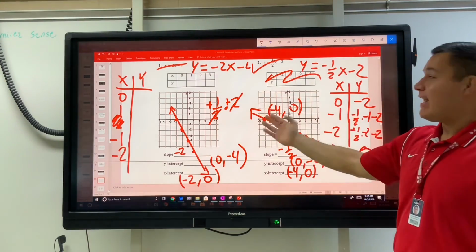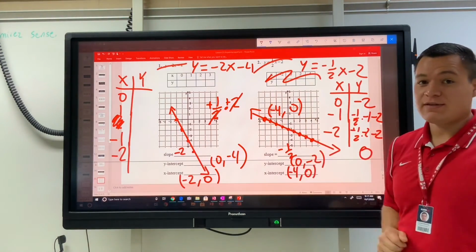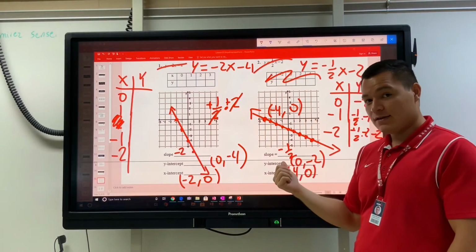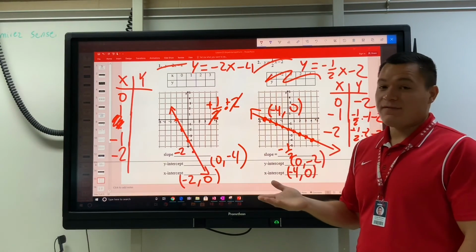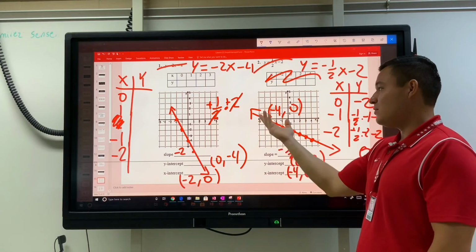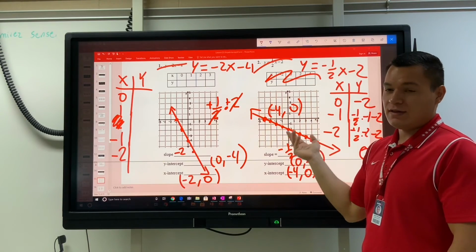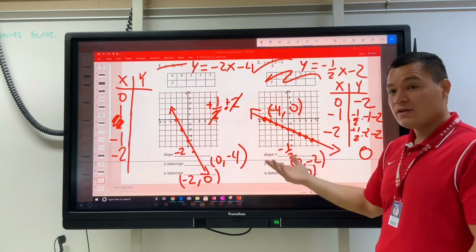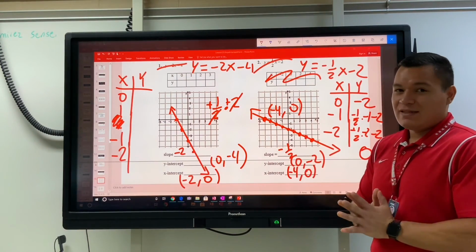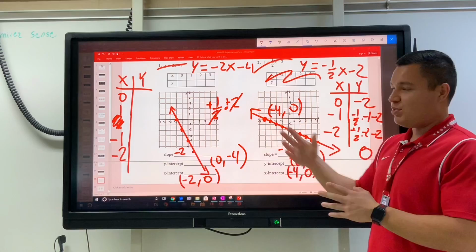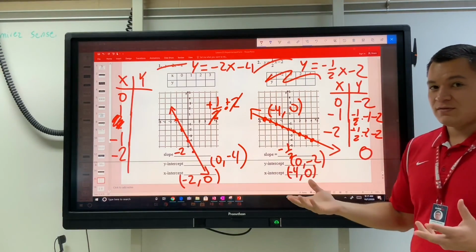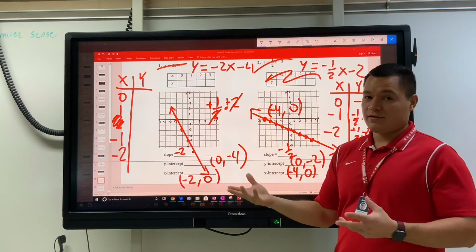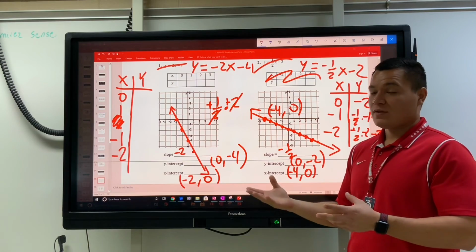You can find anything on that line is going to be a good answer because you made that line good. And that's all that a graphing calculator would do, is it would just do a good line for you, and then it would make the table for you. But you need to be able to do these things on your own because you can make a typo in a calculator. And if both of them match up, once you think about it on your own and you use a calculator eventually in high school, then I'm okay with that.